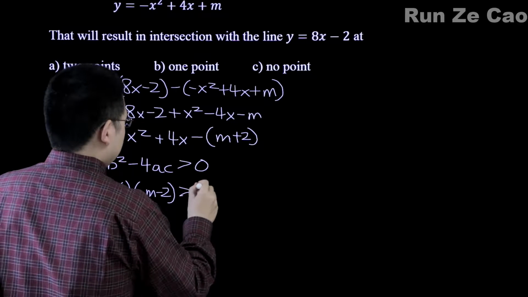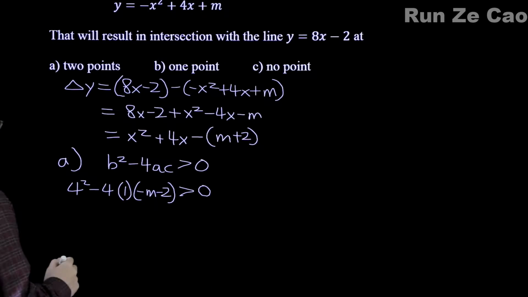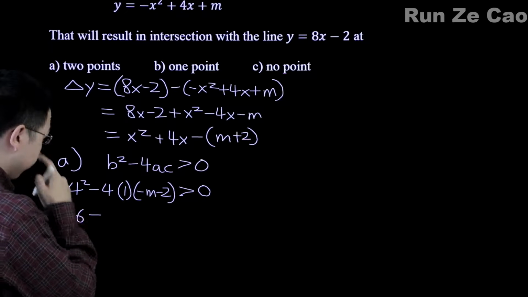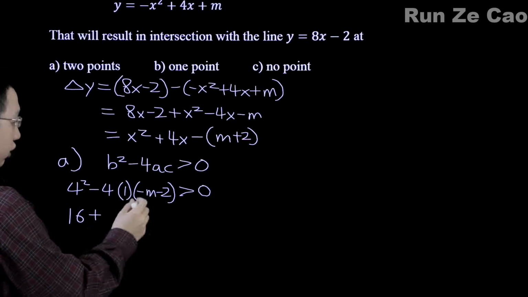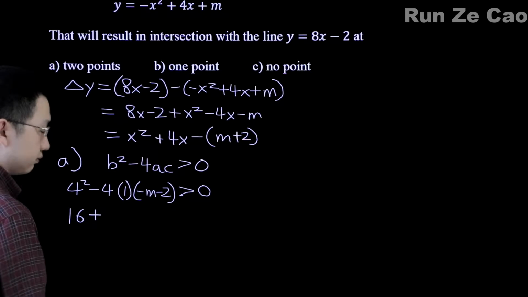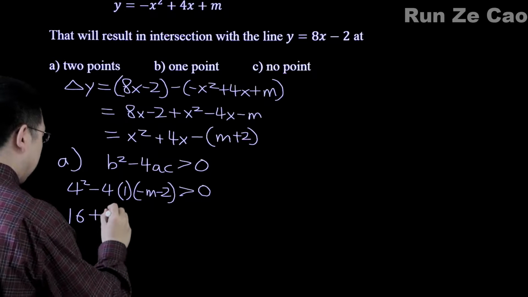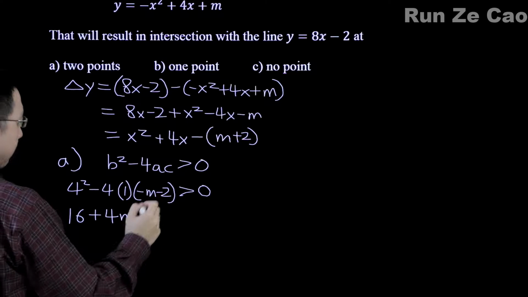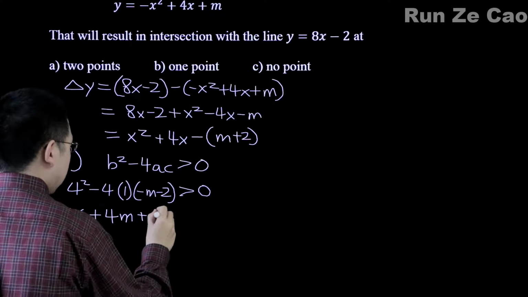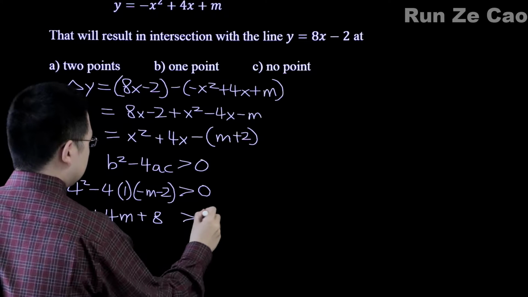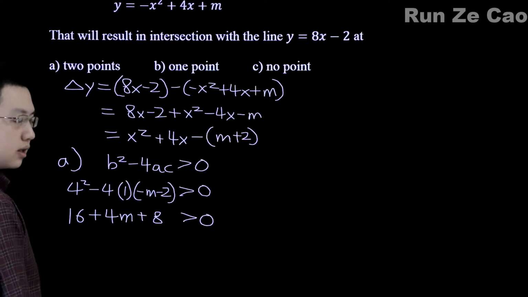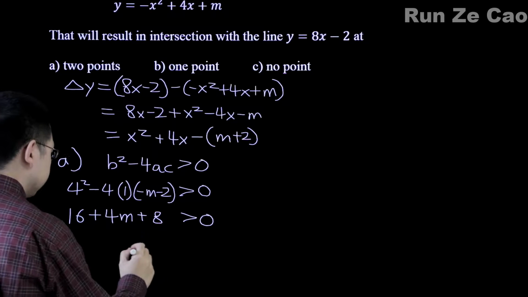So this is bigger than 0. That means 16 minus, well, actually plus, because minus 4 times minus m is plus 4m. And then negative 4 times negative 2 is plus 8. And this is greater than 0. So 16 plus 8 is 24.